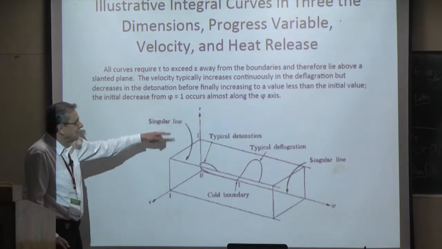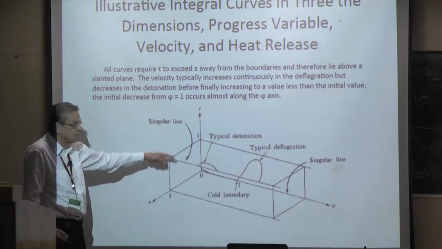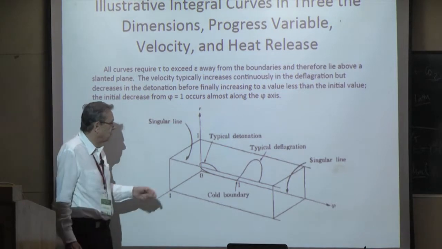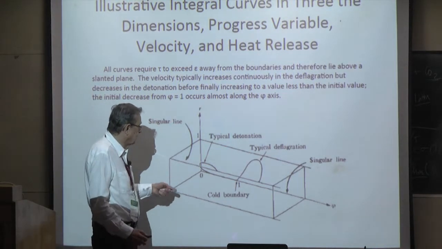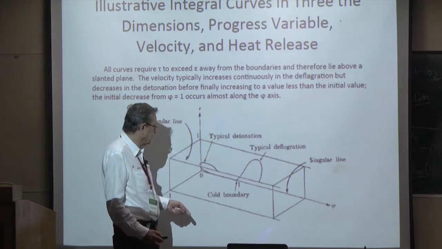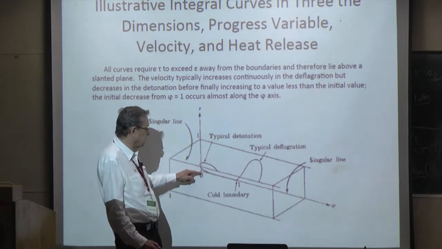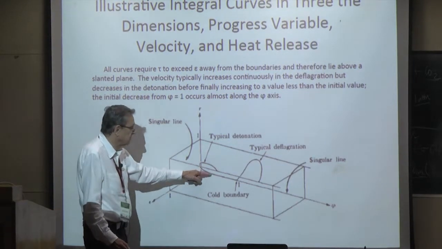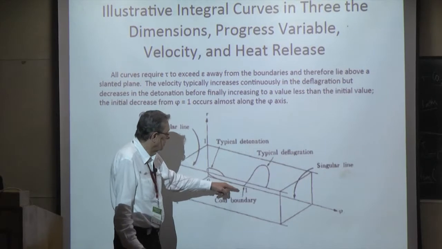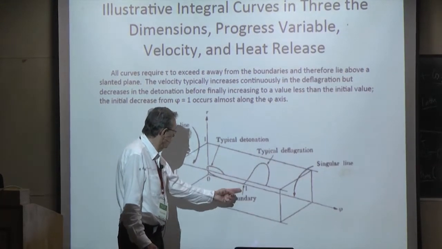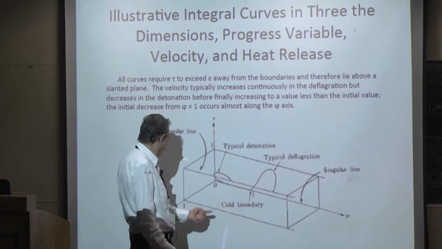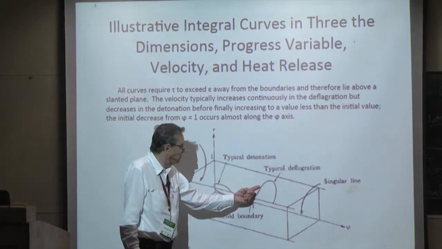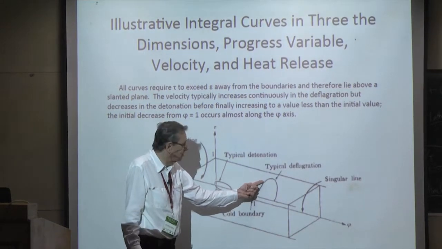this is an attempt to show a three-dimensional rendering of what was in the previous one for typical deflagration. The starting point is always tau equals epsilon equals 0 here, and tau increases. You have to increase the temperature, actually through heat conduction processes, right?